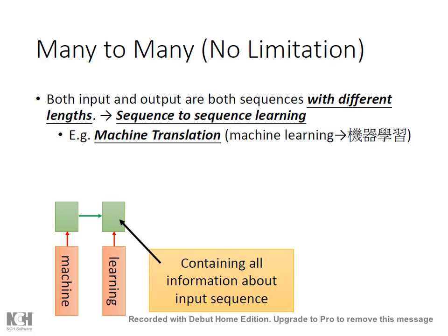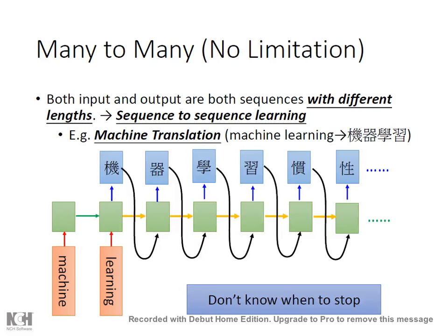Here, the input is machine learning, and the machine should generate the Chinese 机器 and 学习.